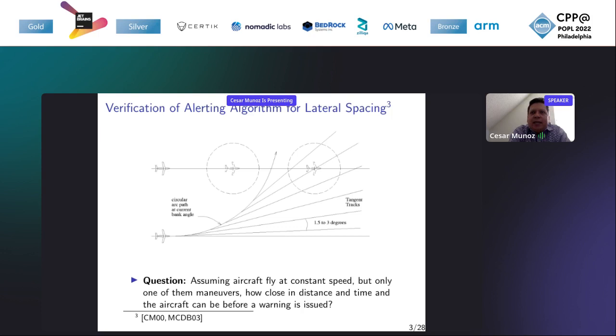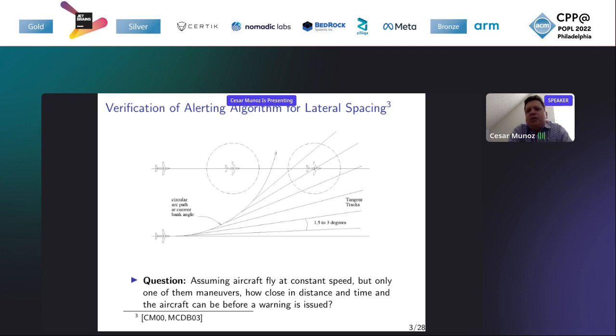NASA was investigating at the time an algorithm for alerting pilots of a possible threat when another aircraft was landing on a parallel runway. There are two aircraft, the ownship, that is assumed to be flying a straight line, and the intruder aircraft.